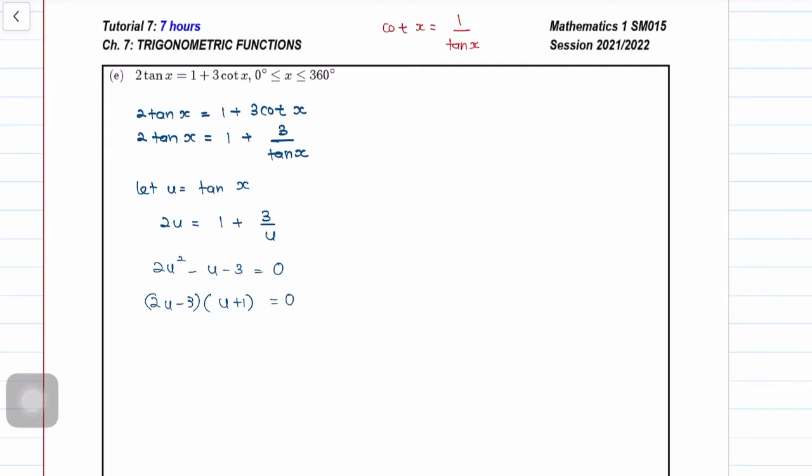So, substitute back u equals tangent x. Sebenarnya dia adalah (2 tangent x minus 3)(tangent x plus 1) equals 0. Sebenarnya apa-apa soalan trigo pun kita akan cuba simplify, dan kalau boleh factorize, kita factorizekan so that kita boleh equatekan dengan 0.